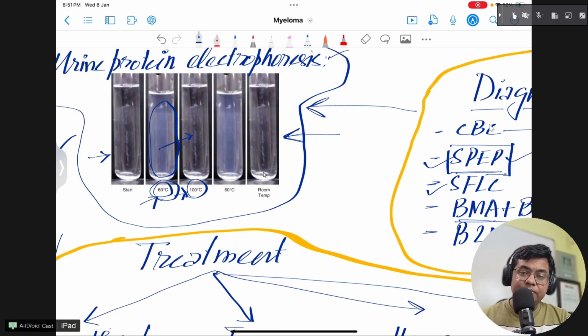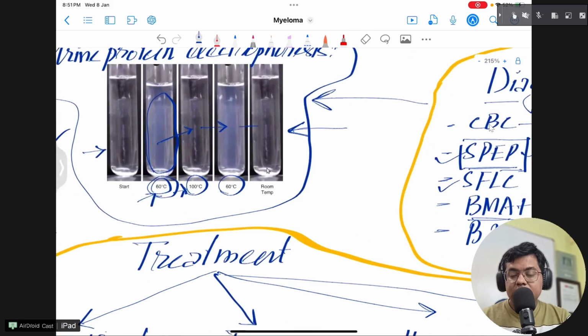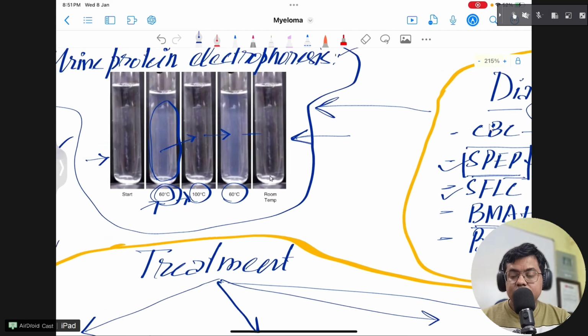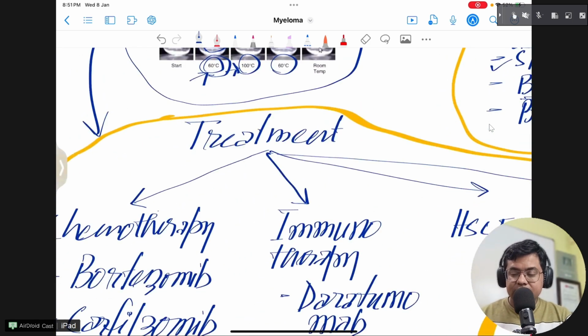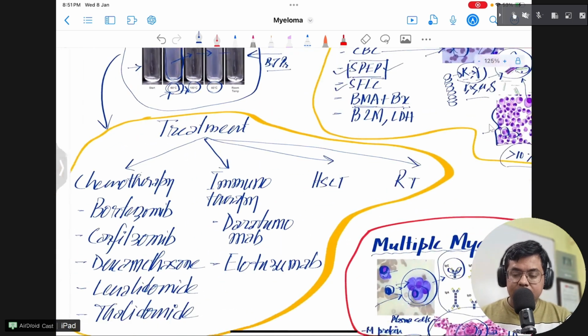That means the precipitation which has already formed will dissolve, and again when cooling it reaches 60 to 70 degrees centigrade, then again the haziness will reappear, and after further cooling it will also disappear. So this is the test to detect Bence-Jones protein. Okay, so if the urine sample contains Bence-Jones protein, we say that Bence-Jones proteinuria is present.